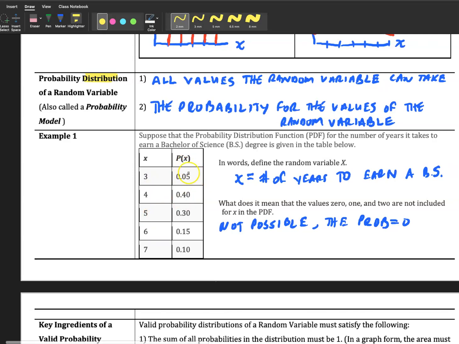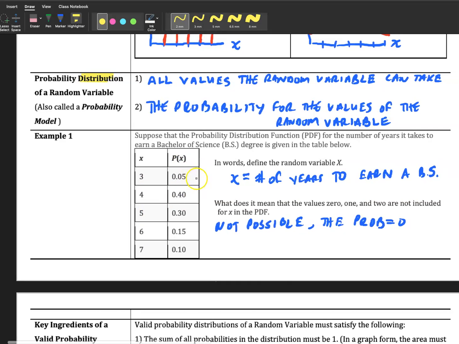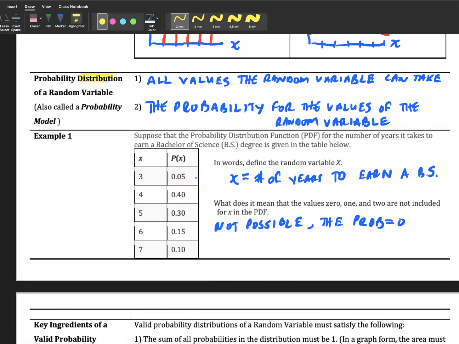And here is the percentage or proportion of students who finish the degree in that amount of time. And so you have that distribution: the values the variable can take, and the proportion of how often those values occur.